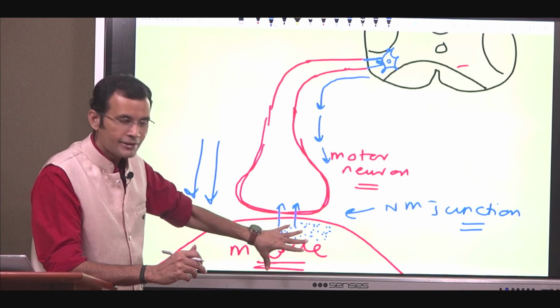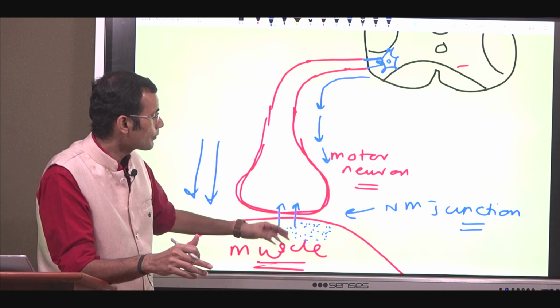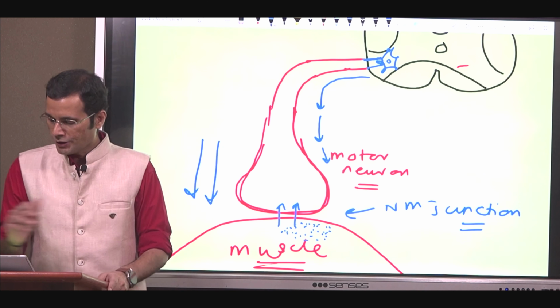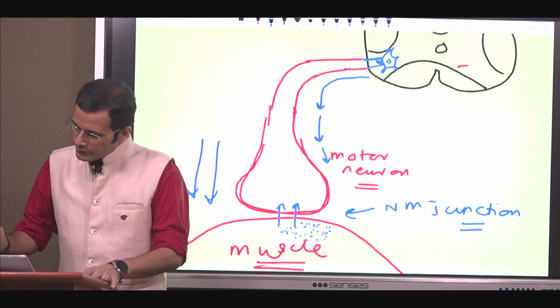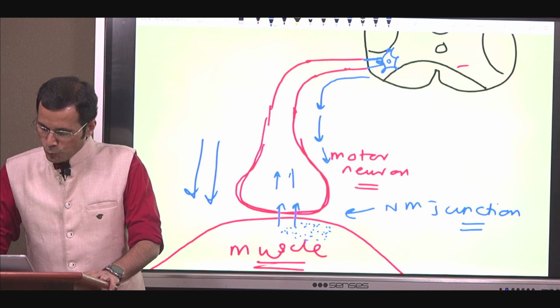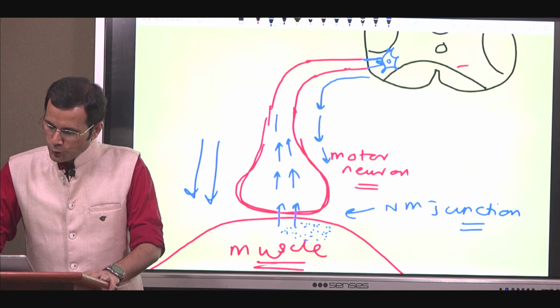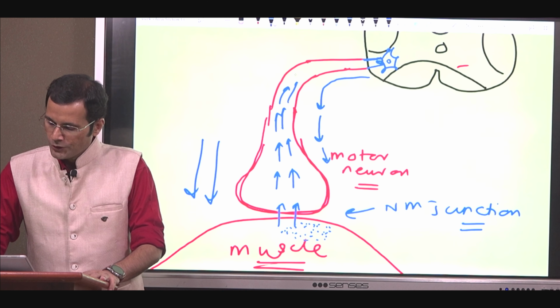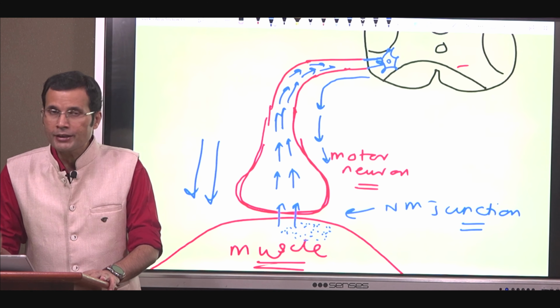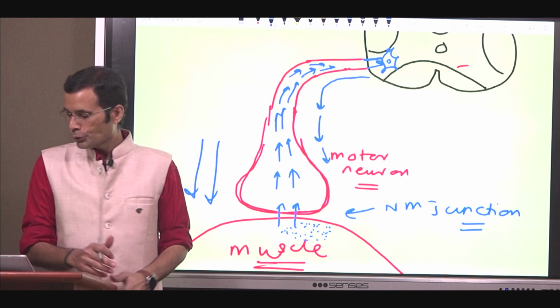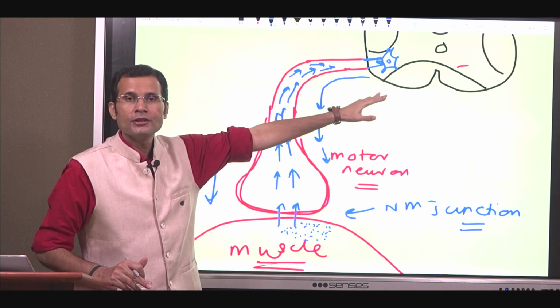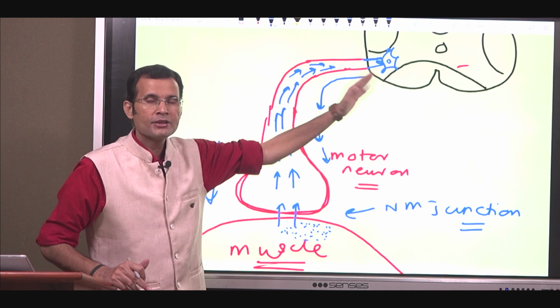But now this particular bacillus, the tetanus, is going in the opposite direction. Once it gains entry into this motor neuron, then it is transported in a retrograde fashion. Yes, that is what we are looking at right now, the retrograde axonal transport. So it travels in a retrograde fashion and reaches the spinal cord.